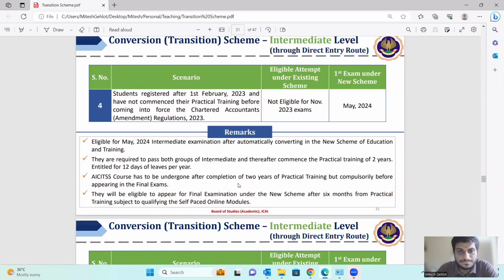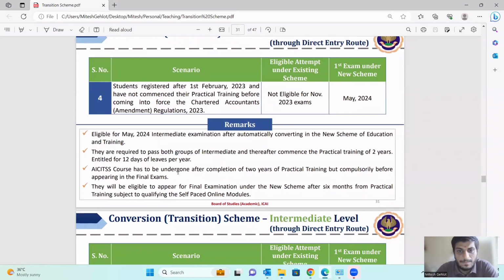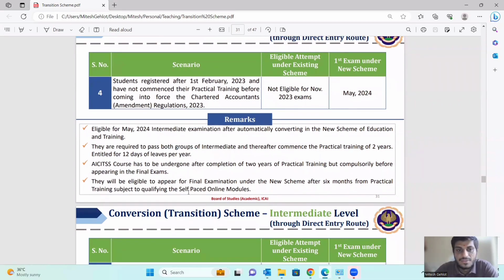The same thing: you have to complete your mandatory trainings. One more thing: you will be eligible to appear in the final examination under the new scheme after the completion of your practical training, that too after 6 months.